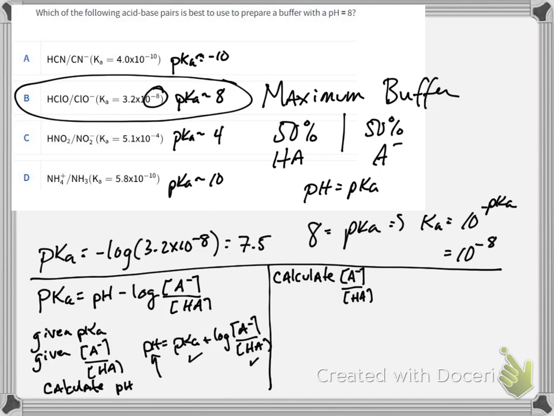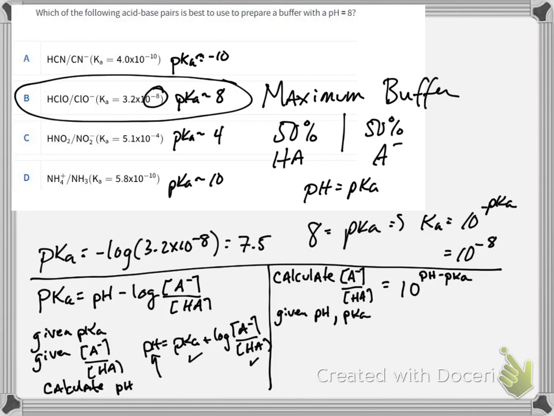And in that ratio, we would want to use the form of 10 to the pH minus pKa. We use that when given pH and given pKa, which is the case we have for this problem.